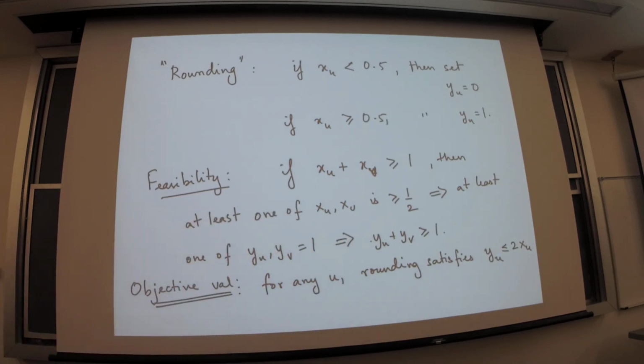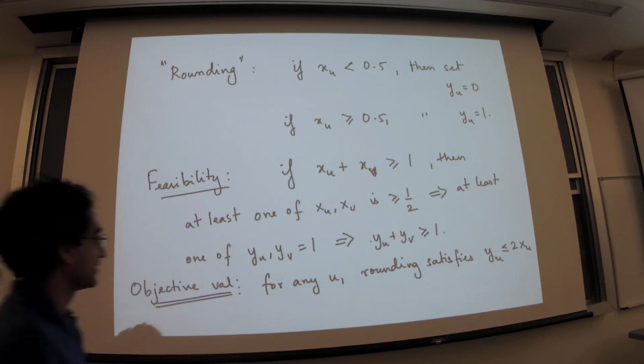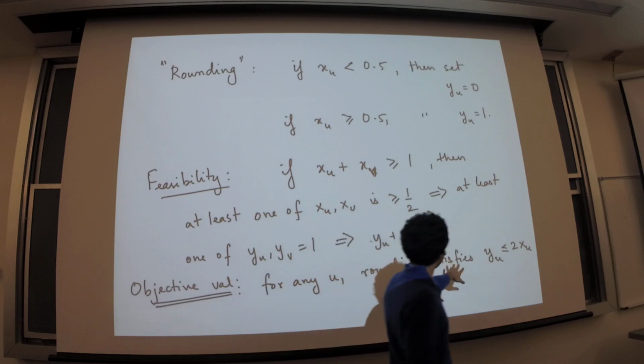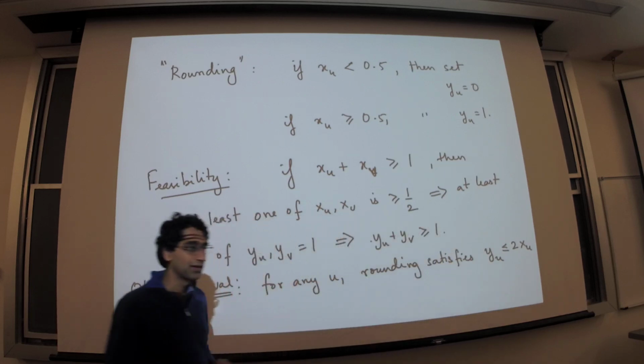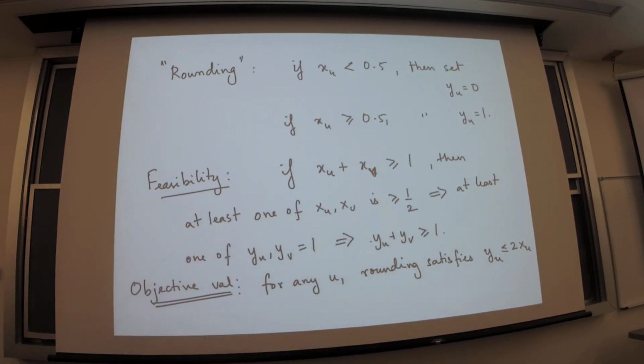Okay, so this is a simple observation, but you have this for any single u. And if you have this for each u, then you can conclude that the sum over u of yu is less than or equal to 2 times the sum over u of xu.